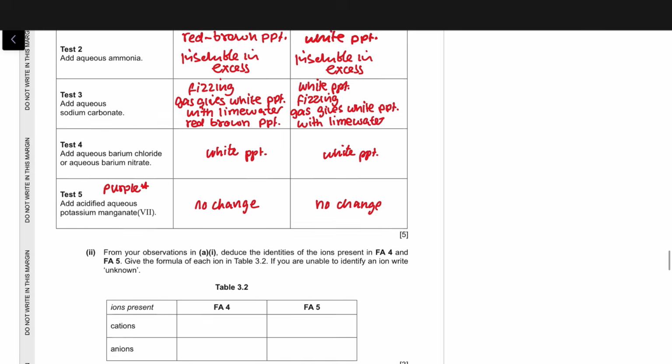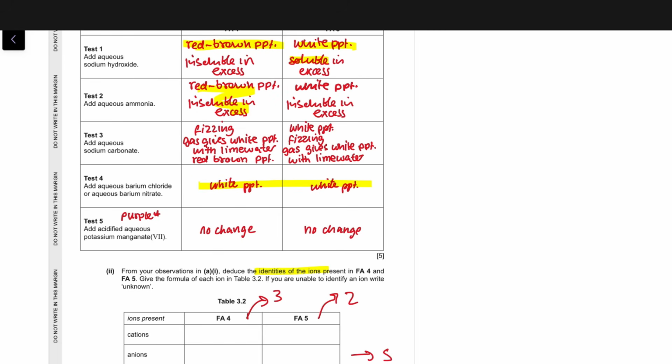However, it does ask us to use our observations to deduce the identities of the ions present in FA4 and FA5, to give the formula of each in the table, and if we're unable to identify an ion, to just write unknown. Okay, so in regards to note-taking or writing down observations, like we said at the very beginning, write down any color changes.